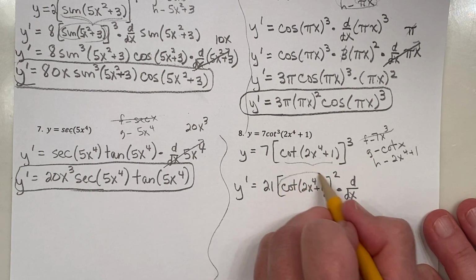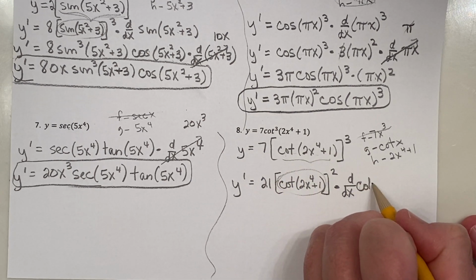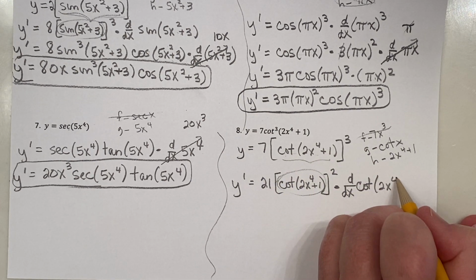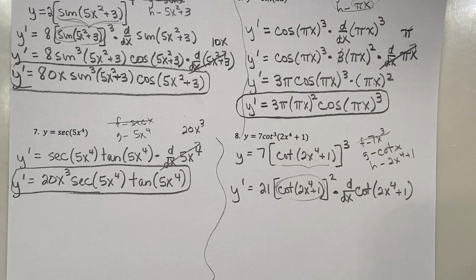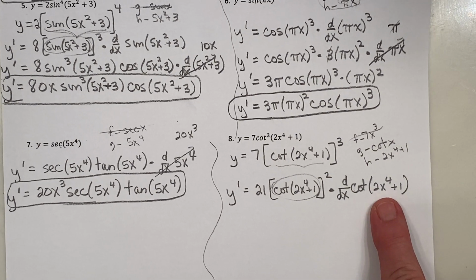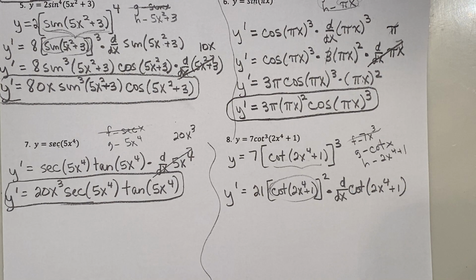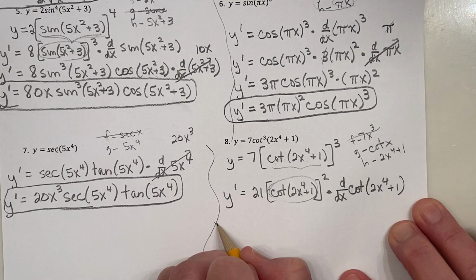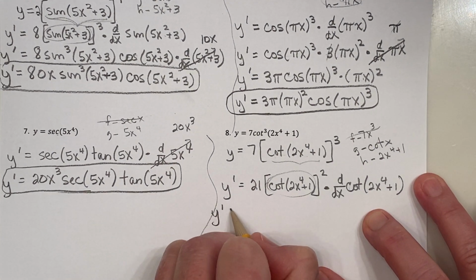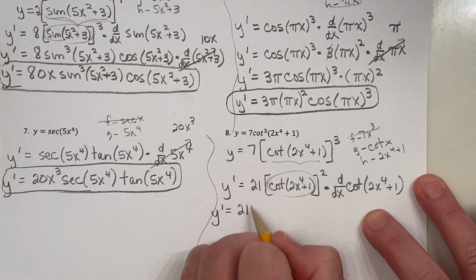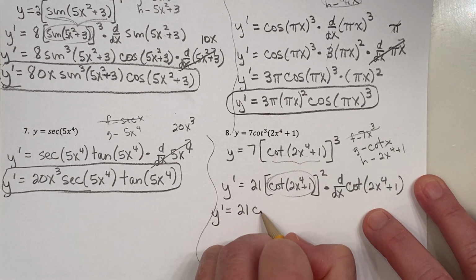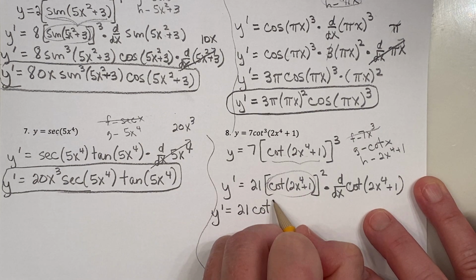The derivative of everything that's left alone. This is a composite function, so I'm not going to cross it off. I actually need to get another line here to do the next derivative. So 21, I might put the square back on the cotangent. That way I can lose at least the set of brackets.